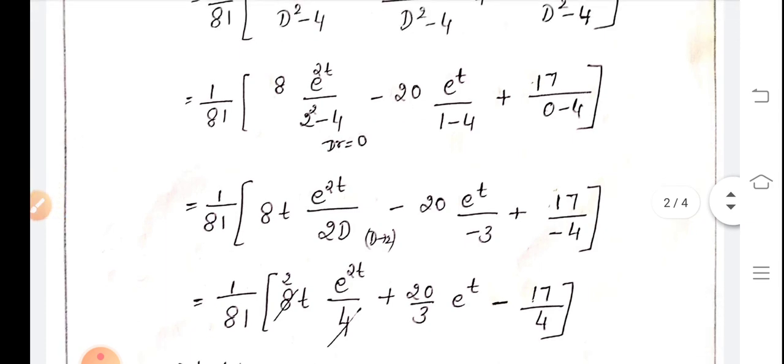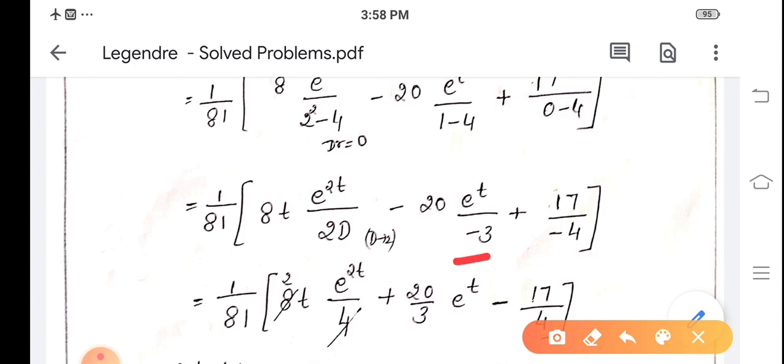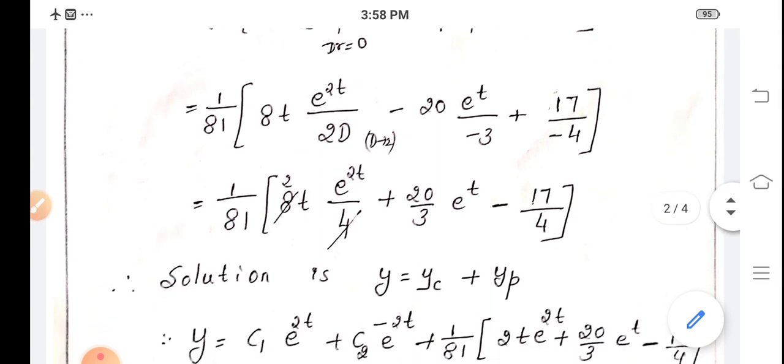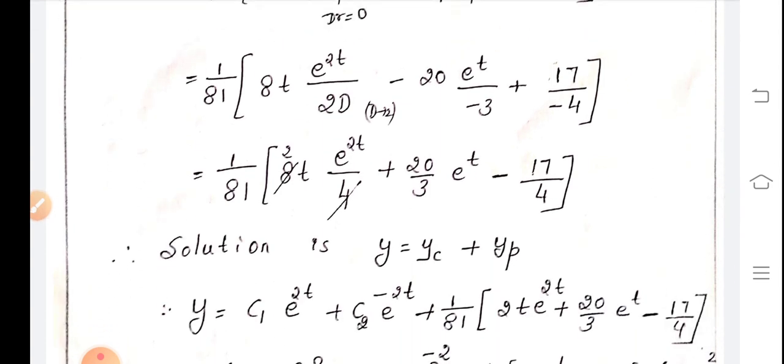Minus the second term, 20 into e power t divided by minus 3. Then the last term is plus 17 divided by minus 4. That is equal to 1 by 81 into, after simplifying the first term, 2 into t e power 2t plus 20 by 3 e power t minus 17 by 4. So this is the particular integral.